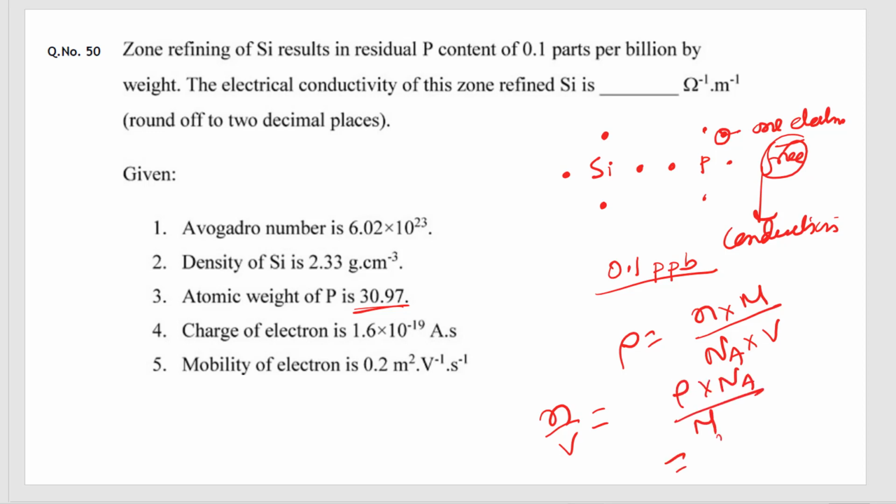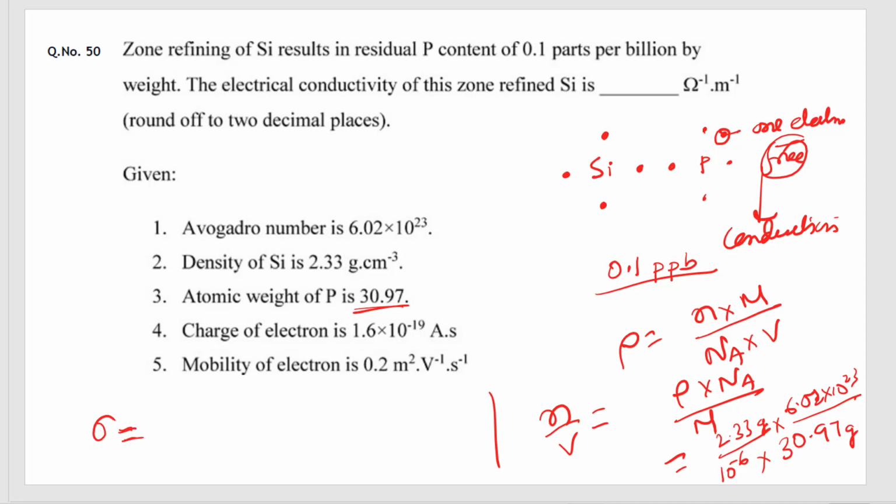So rho is 2.33 gram per cm cube, 10 power minus 6 to convert into meter, right? Avogadro number is 6.02 into 10 power 23. Molecular weight is 30.97. It is in grams, so gram will be cancelled, right? So we will use this to calculate the conductivity.